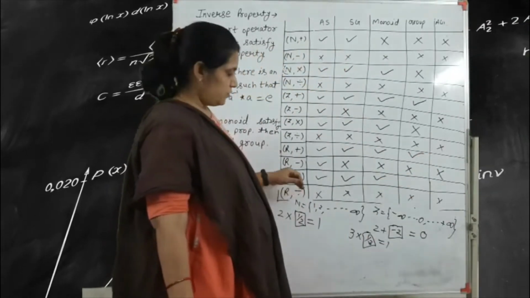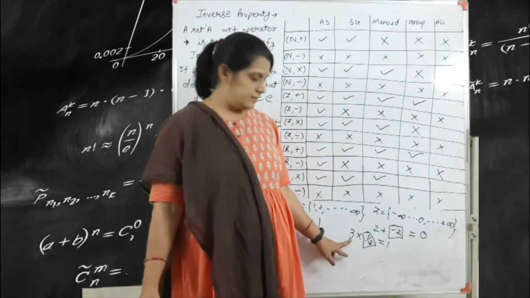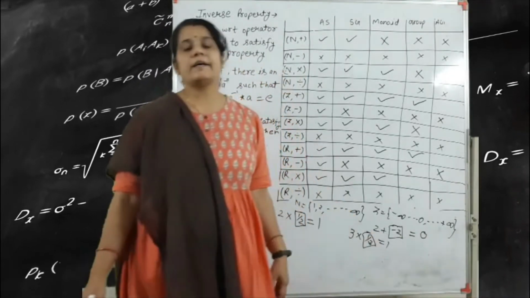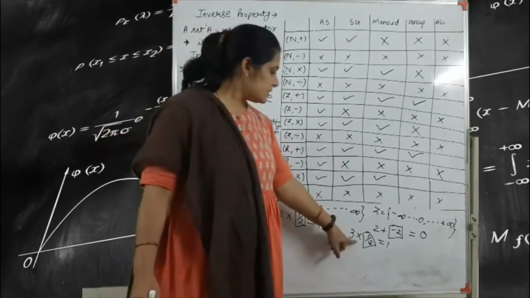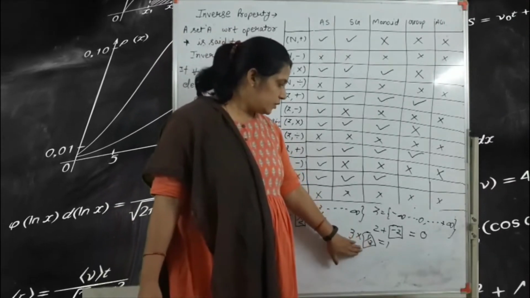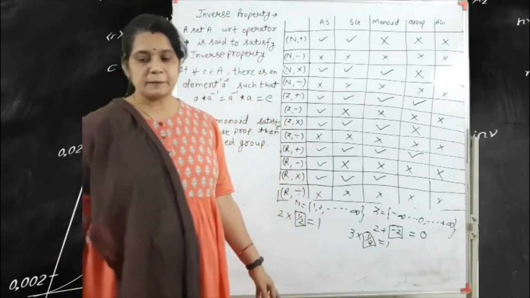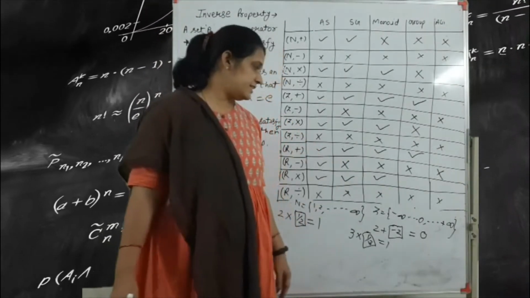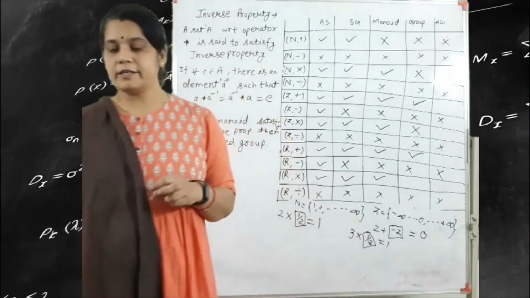And R multiply. In case 3 is an element of the real number set, 3 times which number gives the identity element 1, because we use the multiplication operator? Obviously 1 by 3, and 1 by 3 is also included in the real number set. Now, is R multiply a group or not?